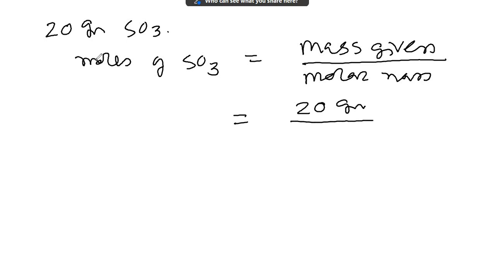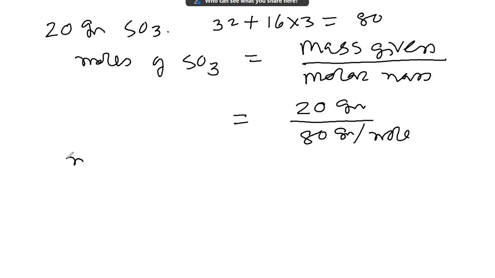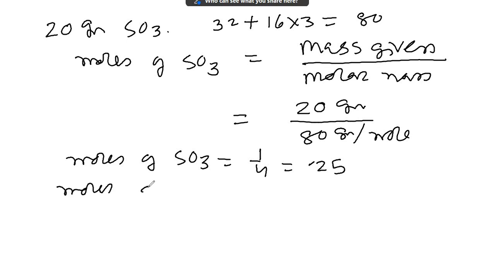SO3 has one sulfur, which is 32, plus 16 into 3 oxygen, 48, so 32 plus 48 becomes 80 gram per mole. So moles of SO3 is 1 by 4, that is 0.25. So moles of SOX is equal to 0.25.